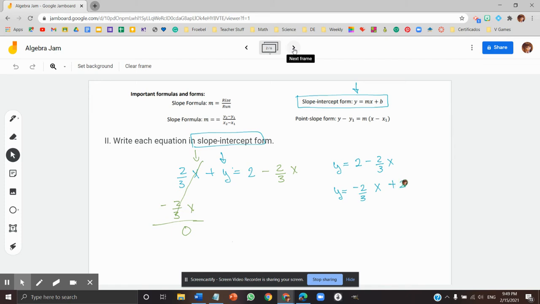Plus 2. Now it looks like my slope form, where I can see very easily that this is my m, this is my slope, and this is my y-intercept. Pretty easy, right? Let's check out another one.